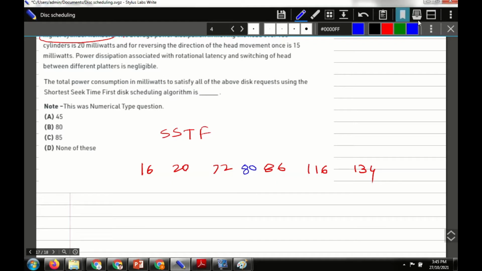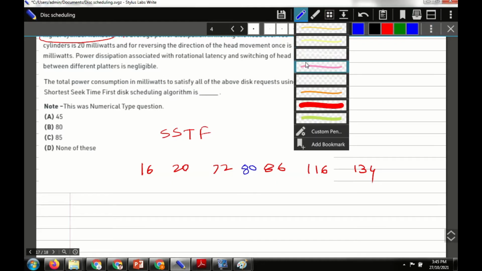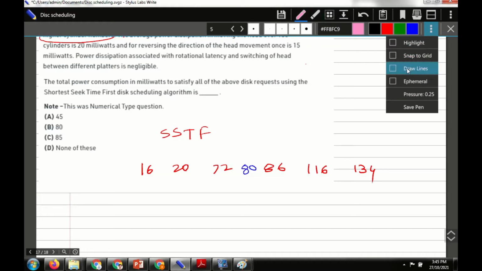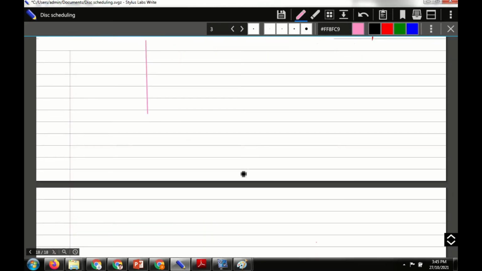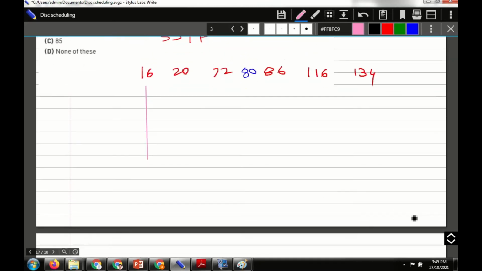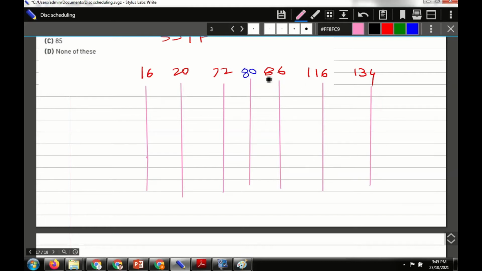From 80 it can go either to the left or to the right. We will draw vertical lines here for 16, 20, 72, 80, 86, 116 and 134.